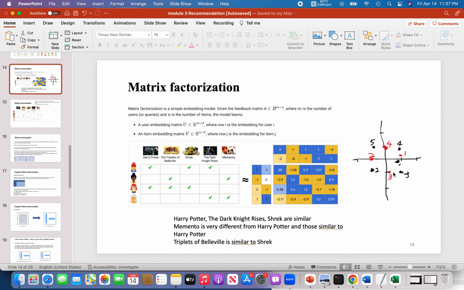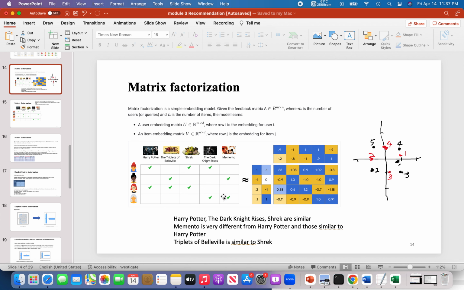Movie number 4 is The Dark Knight Rises, which is supposed to be similar to Harry Potter and also Shrek. So number 4 should not be far away from Harry Potter. Dark Knight Rises and Harry Potter are relatively close. And number 5 is Memento.